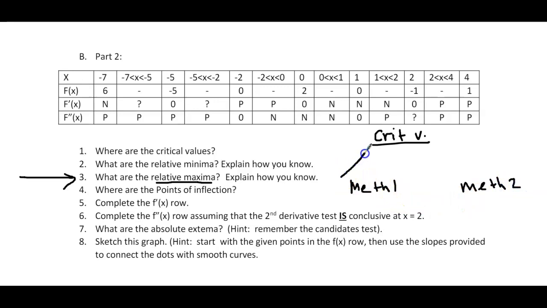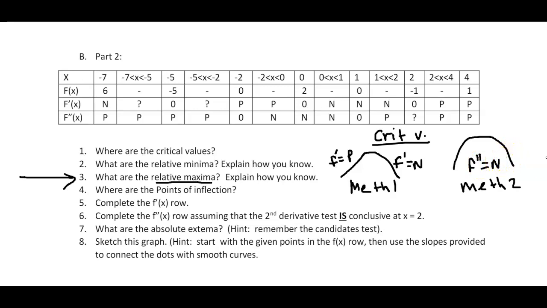Method 1, the first derivative goes from positive to negative. So on the left side, we would have a positive slope, and on the right side, we would have a negative slope. With method 2, instead of looking at the first derivative, we would look at the second derivative, which tells us that it would be concave down, so this would be a negative second derivative.